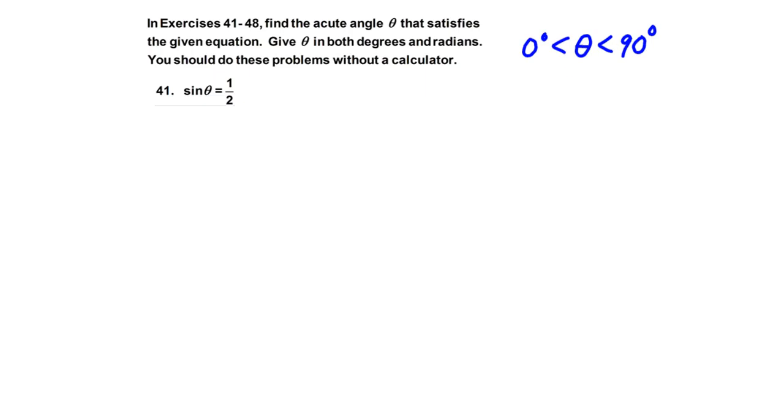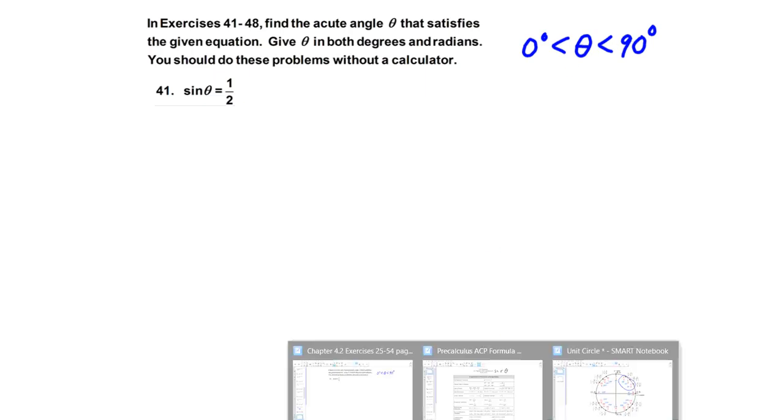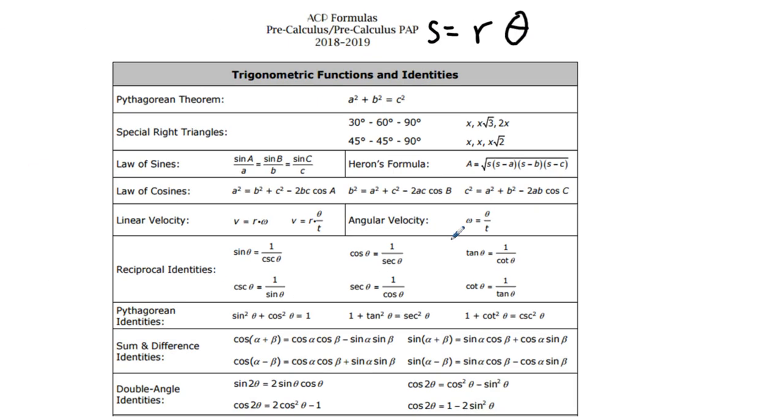And where do we get information on how to deal with that? If we look at our ACP formula chart, special right triangles, that's what we're talking about. If we have a 30, 60, 90 right triangle, let's say this angle here is 30 degrees, and then this one here would be 60 degrees. Then we have x, which is our smallest side.